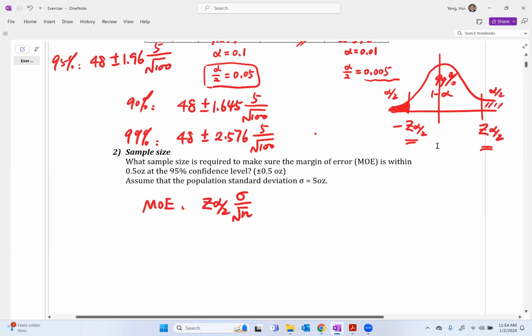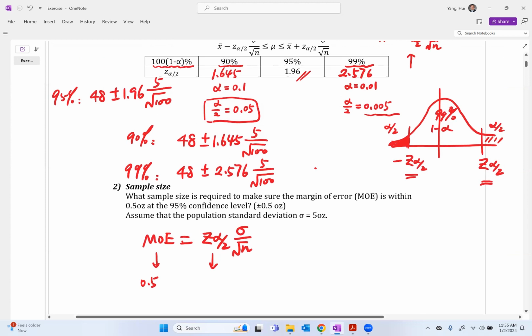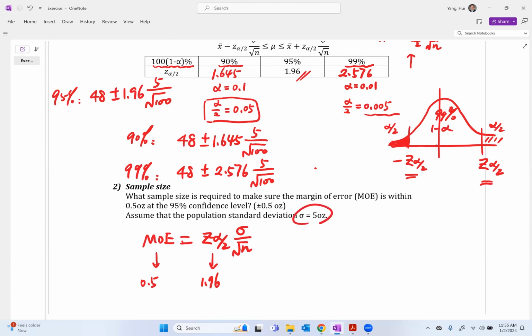We want this margin of error to be 0.5 ounce at 95% confidence. For 95%, z is 1.96. We know sigma is 5 ounces, and we want to find the sample size.